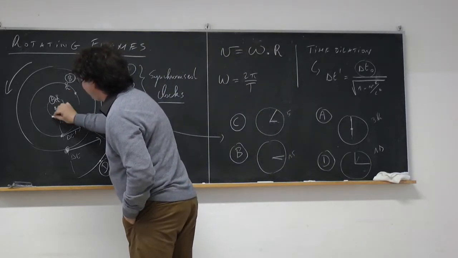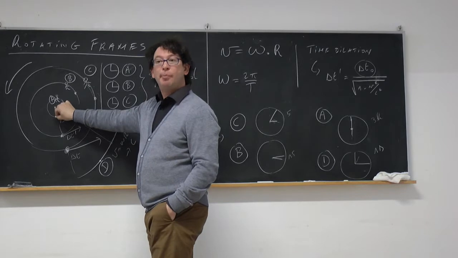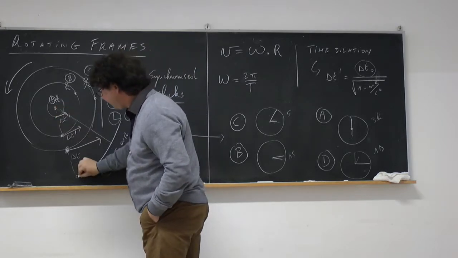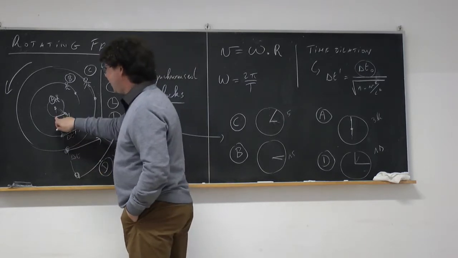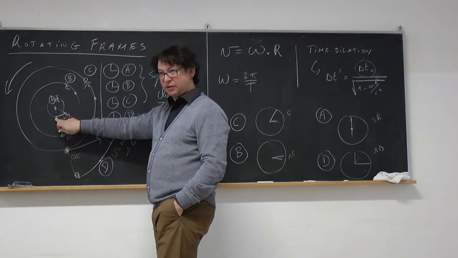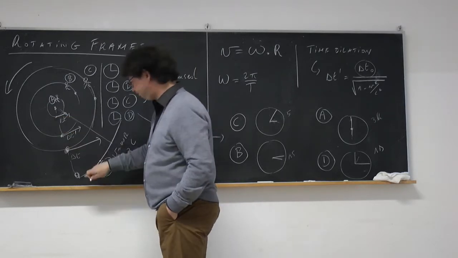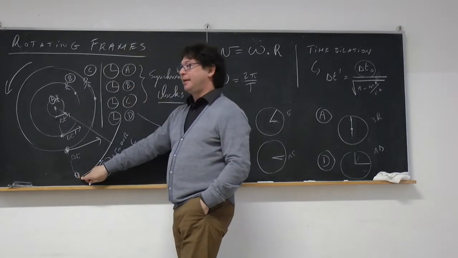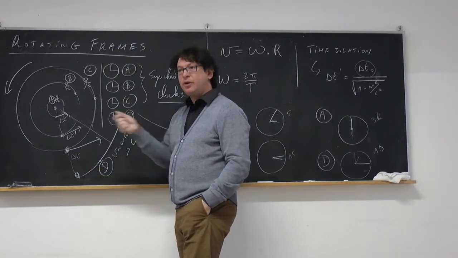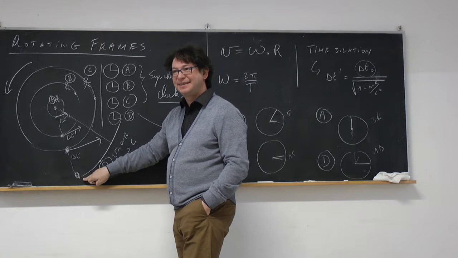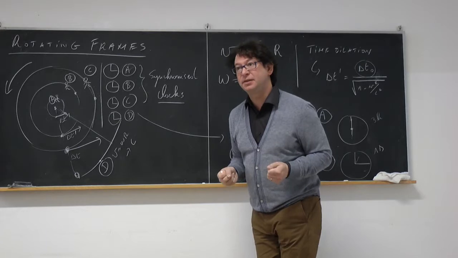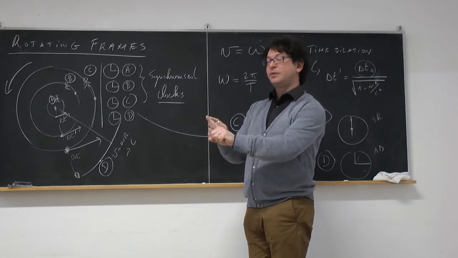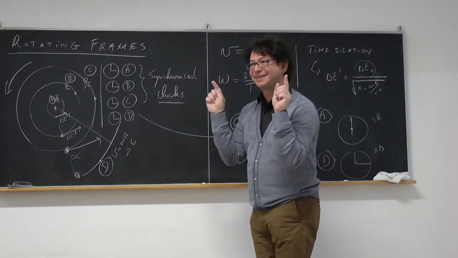The centrifugal effect here is small with respect to the centrifugal effect here, of course. This means that here you are in a weak gravitational field. But here you would be in a stronger gravitational field. So the consequence is, the stronger the gravitational field, the slower the clocks.